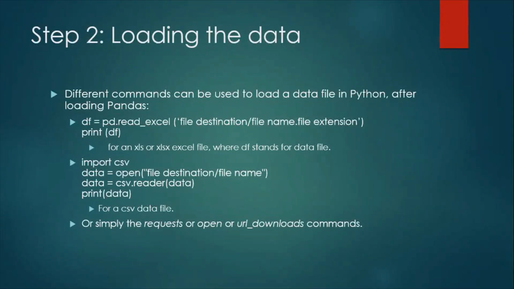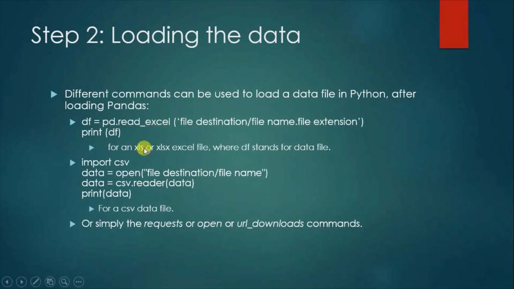Then comes the part where you actually enter the data in Python. Different people have been using different commands online. There's this df command, where df is the data file, which says pd.read_excel.